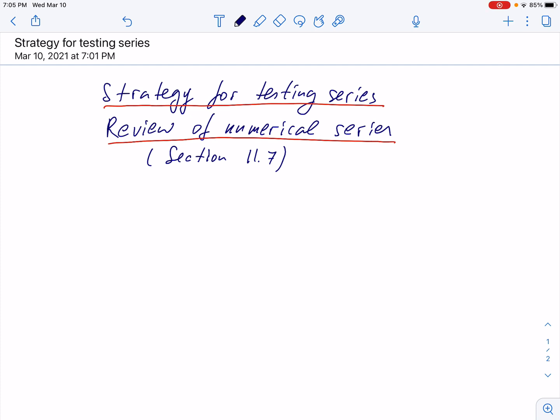Okay, suppose you have this series: sigma n goes from 2 to infinity, (n minus 1) over (n cubed plus 1). This series includes some constants, plus 1, minus 1, and our experience from the section on comparison test shows that the best approach here is to just ignore these constants, just cross them out.